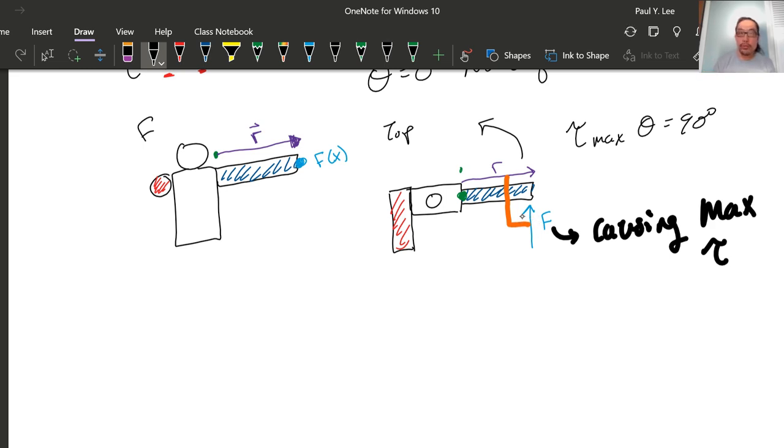Now, what if, I'm going to just ignore this front view. Let's just look at this top view instead. Okay. What if you were to not push at a 90-degree angle? So for example, let's take a look here, right? So our axis of rotation is still right there at the shoulder joint, but the person is now going to instead be pushing into your arm, like so.